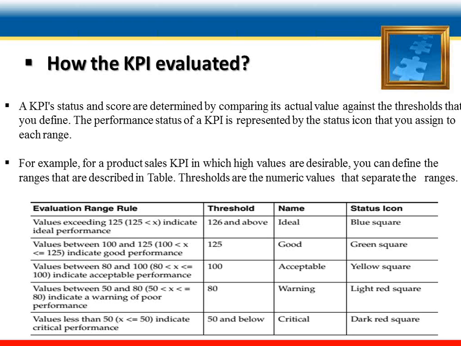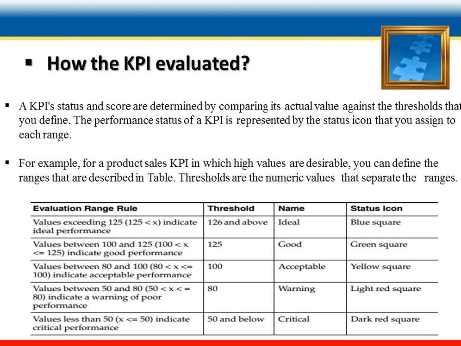For this the naming convention is Good, which means good performance, and the status icon is a gray square. For values between 80 and 100, the defined threshold is 100, so it is Acceptable, and the status icon is a yellow square. Values between 50 and 80 indicate poor performance, and the threshold value is 80.